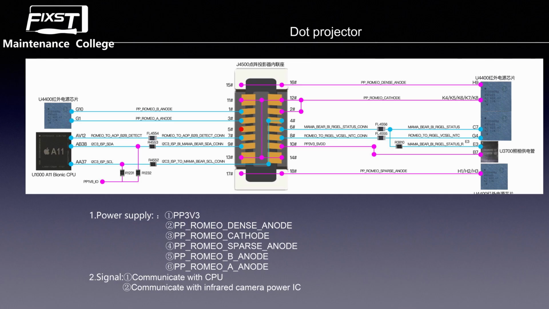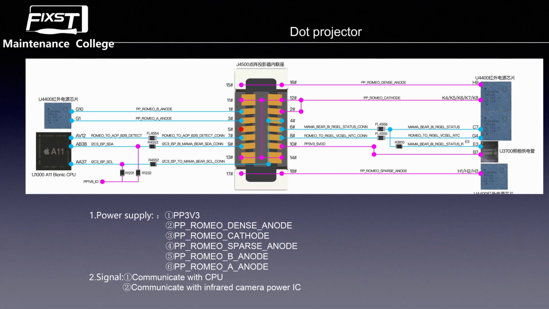Those lines are all sent by U4400, the infrared power IC. And then pin 1 and pin 3 also get power from U4400, the infrared power IC.